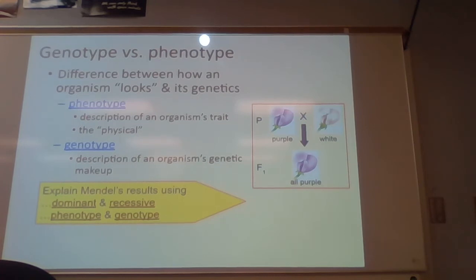Yellow or green peas, wrinkled or round, all those traits are phenotypes. Genotype tells us which alleles it has. So does it have the dominant allele or the recessive allele? Two dominant alleles, two recessive alleles, one of each.